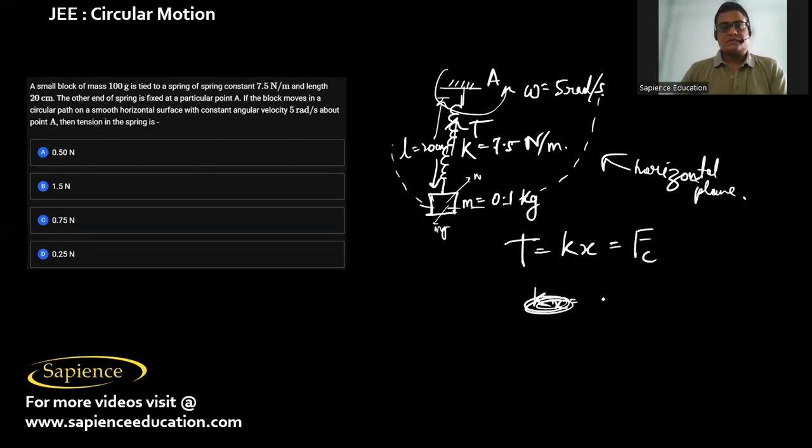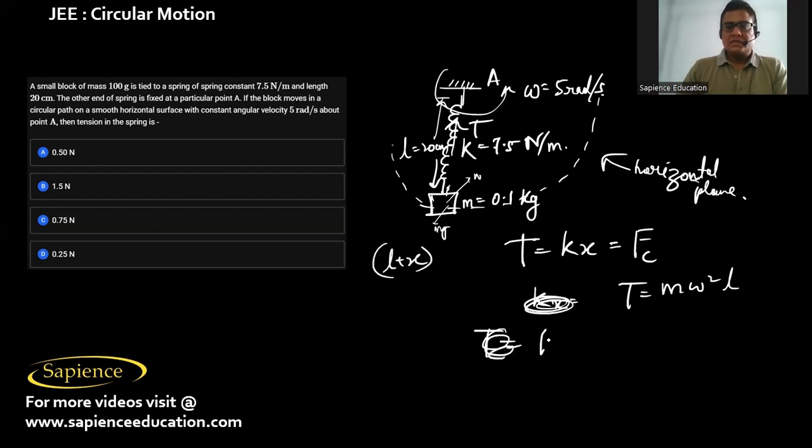So kx, this tension force, is equal to m omega square into L. Here actually the actual length was L, but after extension, the length will be L plus x.